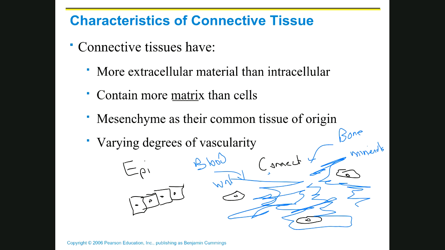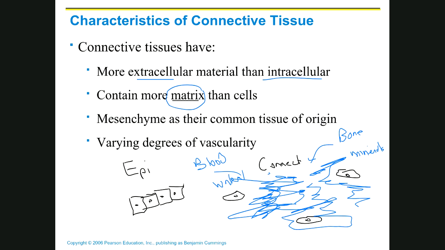So it's not the cells that make them different. It's this stuff in the middle, and that stuff is called matrix. So connective tissues have more material on the outside of their cells out here than they do on the inside. So they have more extracellular material than intracellular.